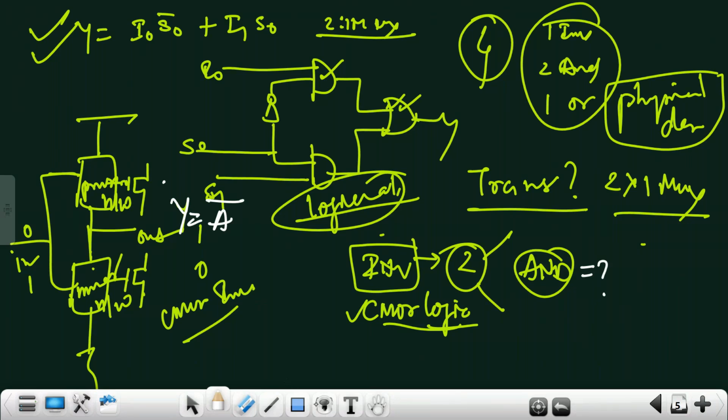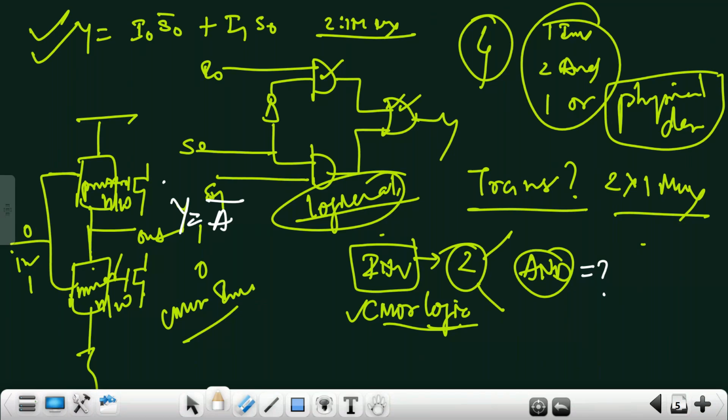Applying the same logic, can you tell me the answer for AND? 10 transistors, 6 transistors, 4 transistors. So the answer is 6 transistors. That is correct, not 4 transistors.